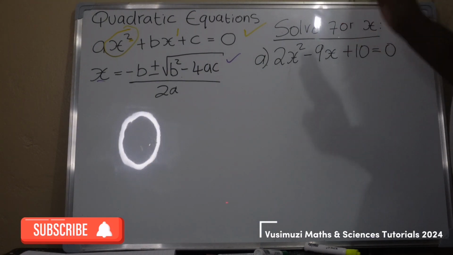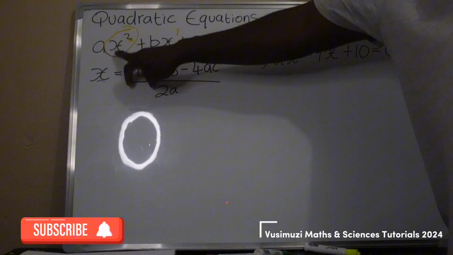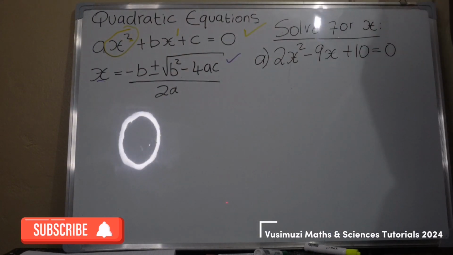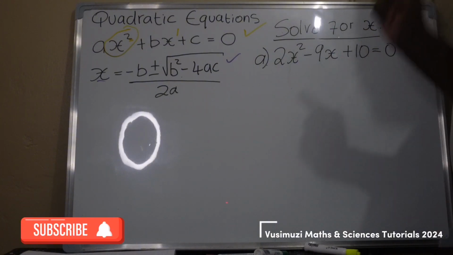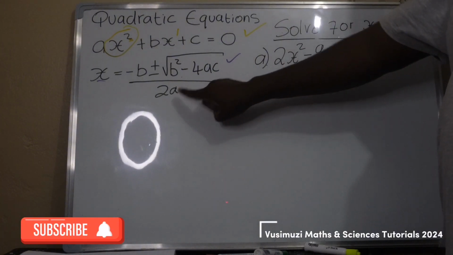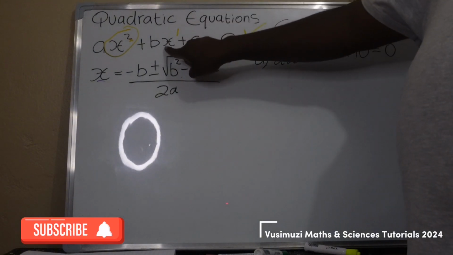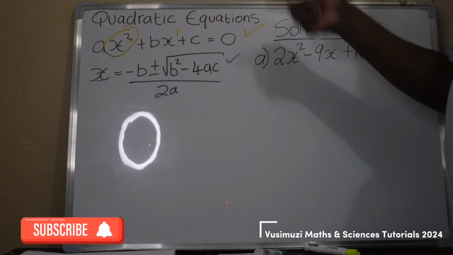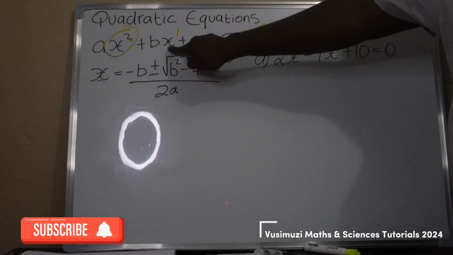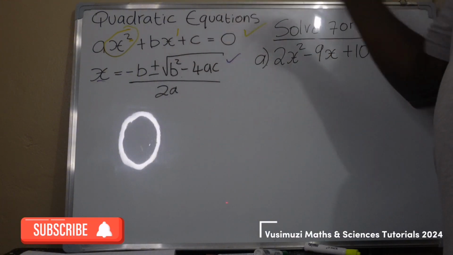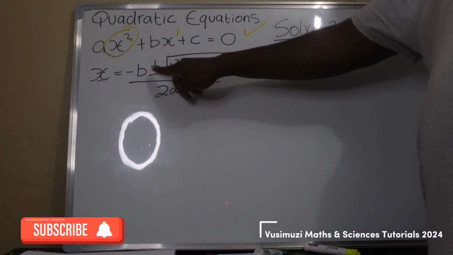Which means whenever you see a coefficient of x squared, a value that is in front of x squared, you must substitute where you see a, which is here and here. And for b, where you see a coefficient of x, if there's going to be a value there, you must put it where you see b, here and here.